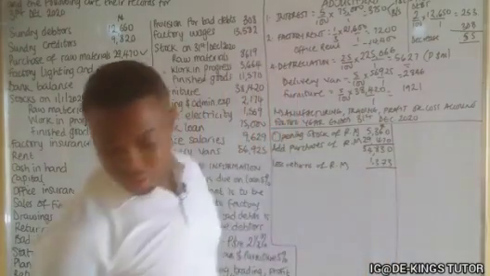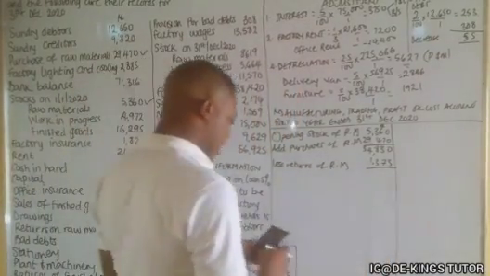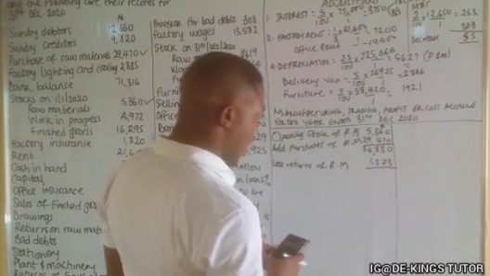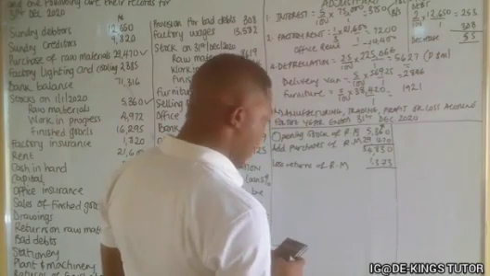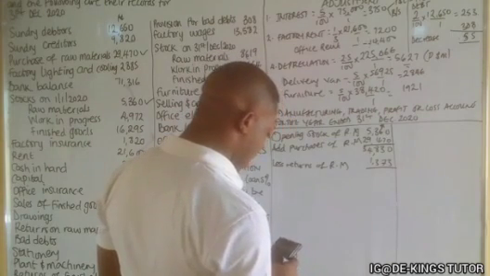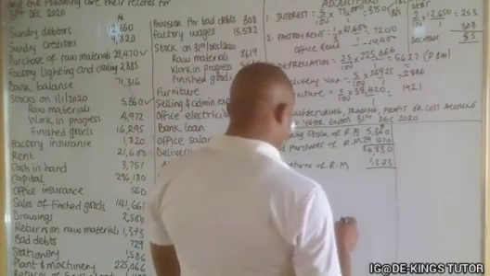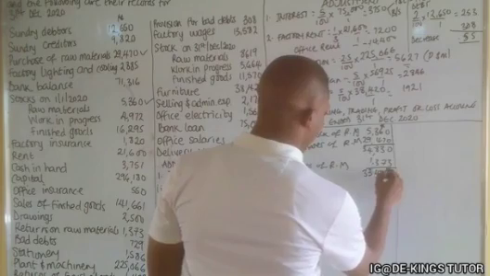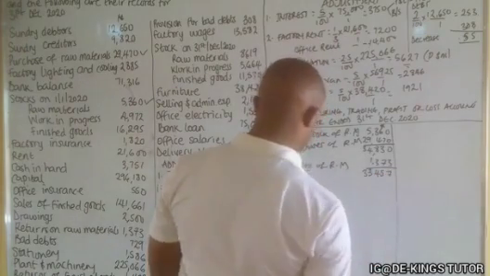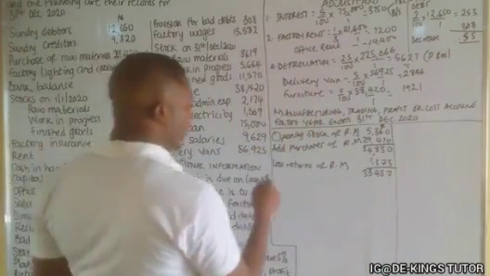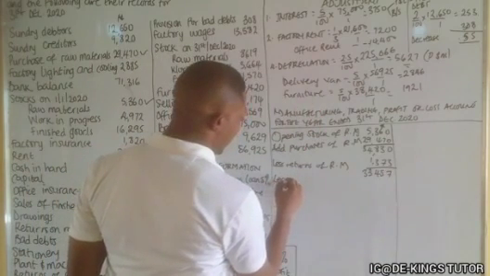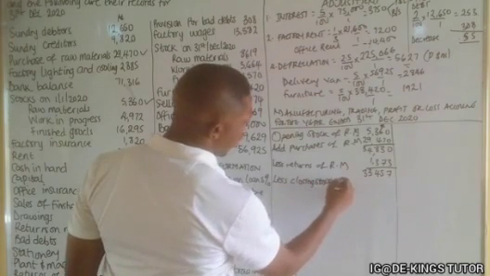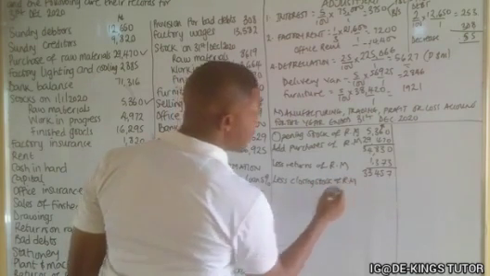Though it wasn't in the format, it is important. 34,830 minus 1373 equals 33,457.